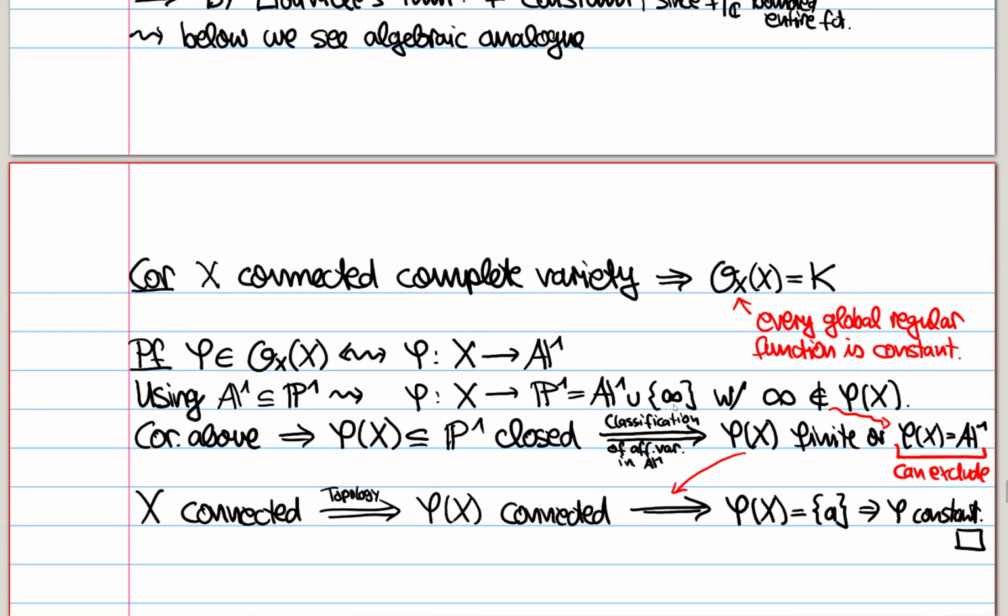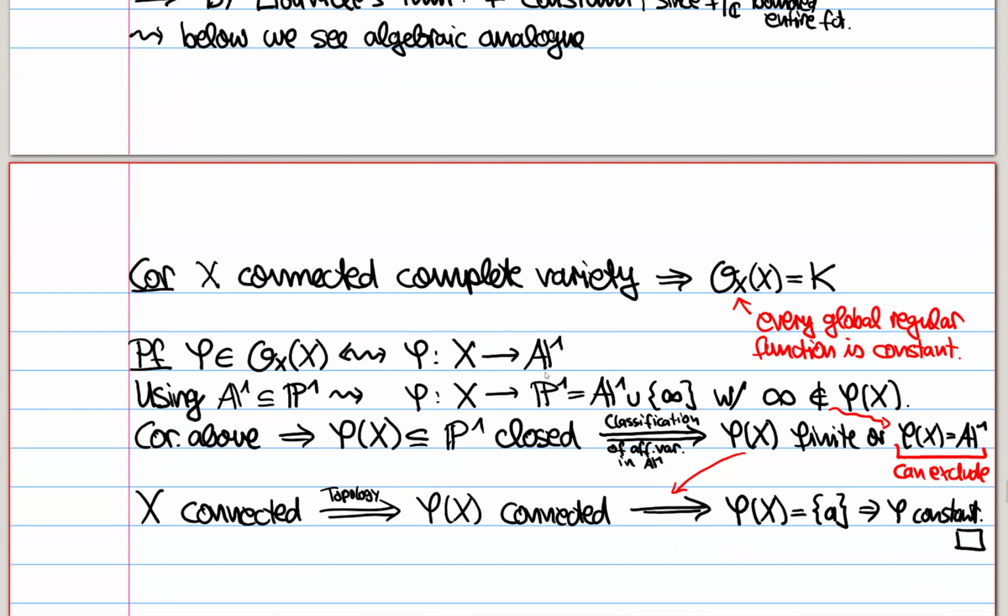It misses the infinity point like this. And now X is a complete variety by assumption. So the corollary above tells us that the image of X inside P1 is closed. But of course, it happens to lie inside this A1. So in particular, also the image of X in A1 is closed.